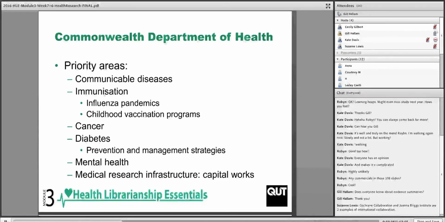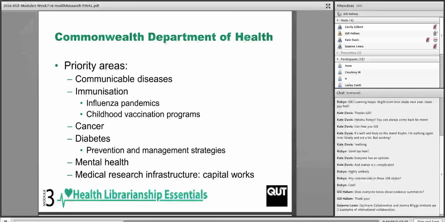In terms of the Department of Health, they've got their own priority areas, and this is where a lot of lobbying, advocacy, and the development of what are the greatest priorities happens. And currently, it's been reported that the priority areas cover those on the screen there. So communicable diseases, immunisation in terms of influenza and childhood vaccination programs, cancer, diabetes, mental health.